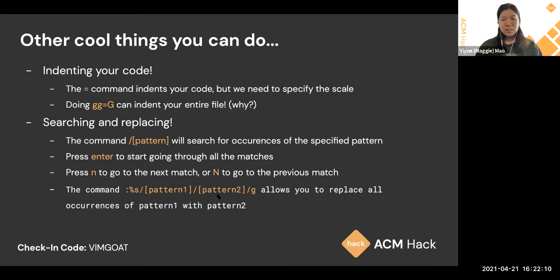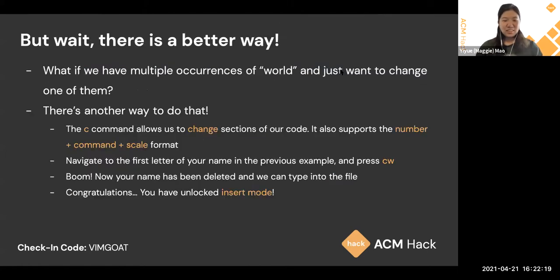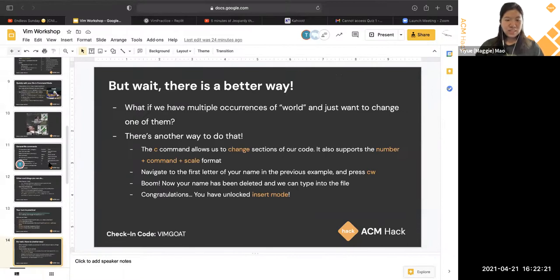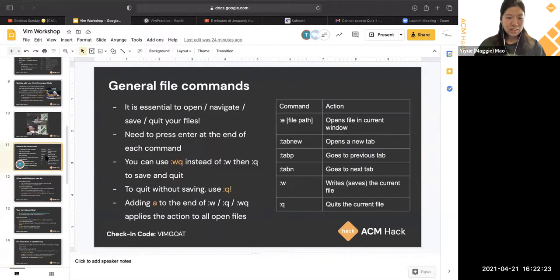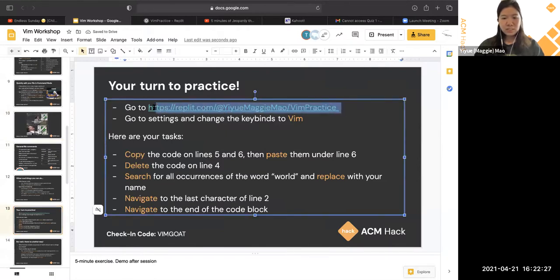So we have gone over enough things for you to have a little practice. What you're going to do is go to this link. I will copy and paste the link in chat. Repl.it is a very cool tool that lets you take other people's code and play around with it. It also allows a Vim extension, which makes it possible for you to practice Vim on there.